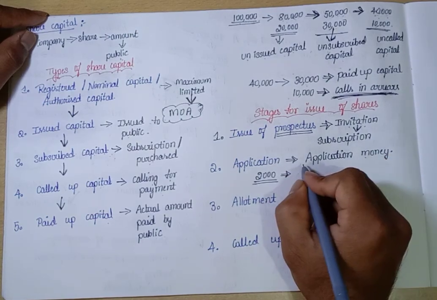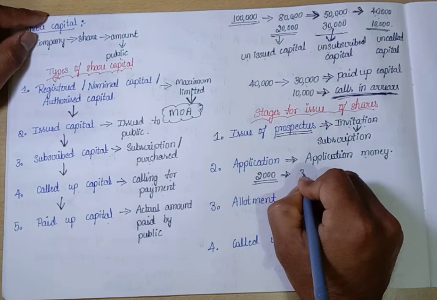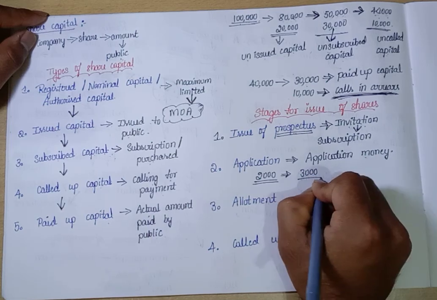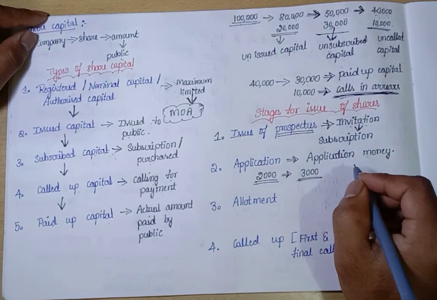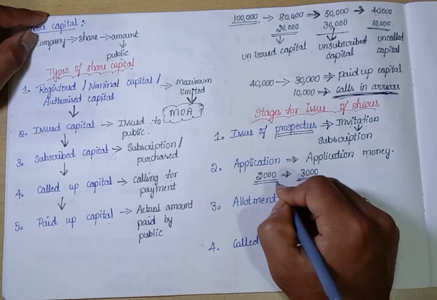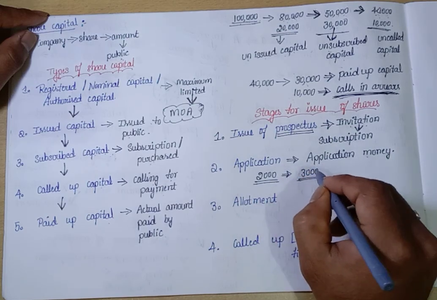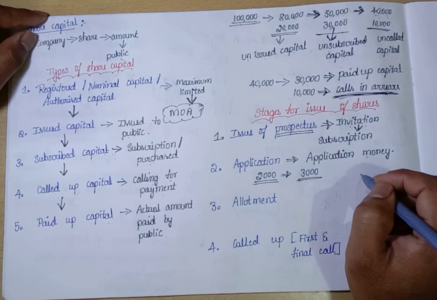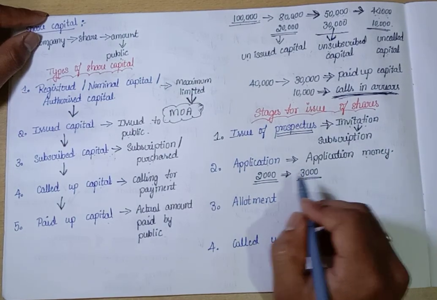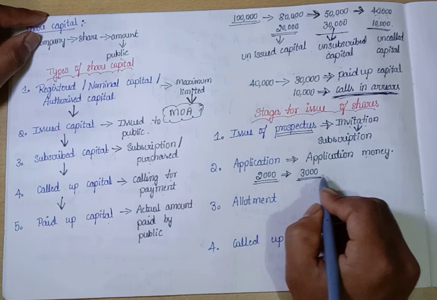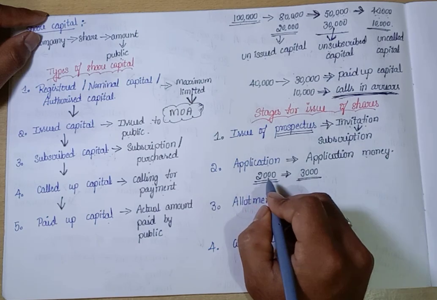Then, just imagine we have received a total of 3000 applications. So we issued 3000 applications to the public even though we have 2000 shares. This is called oversubscription of applications. We can't issue 3000 shares because we have only 2000 shares.